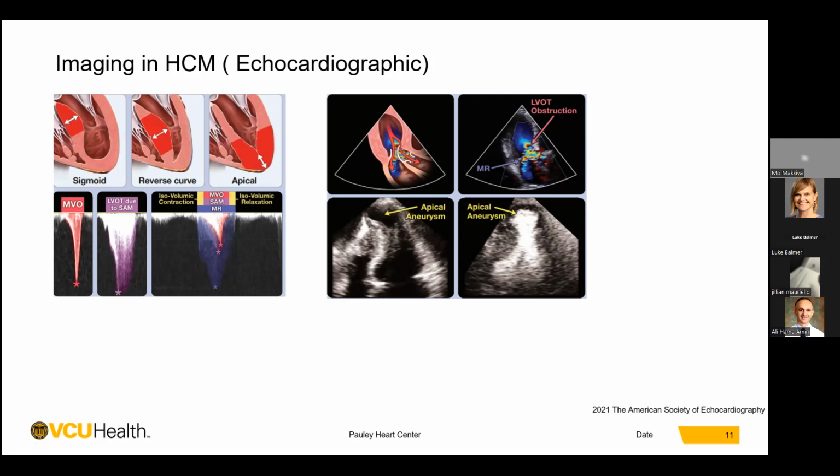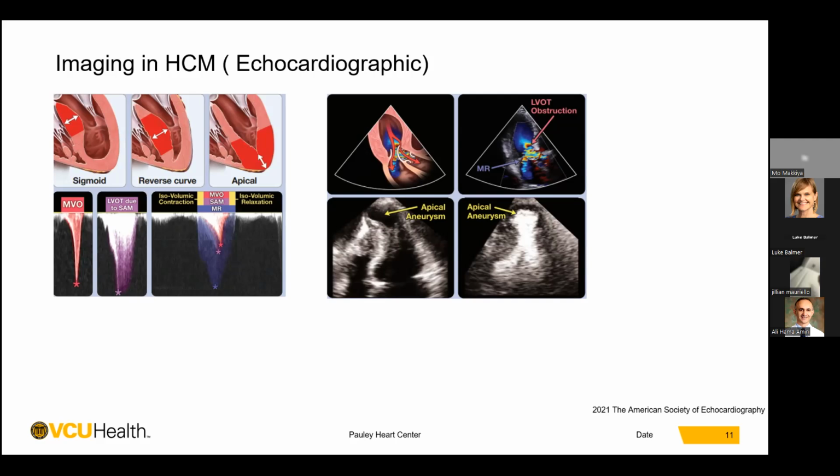Echo also has an advantage in evaluating the degree and direction of mitral regurgitation and the internal structure of the mitral valve and papillary muscle.